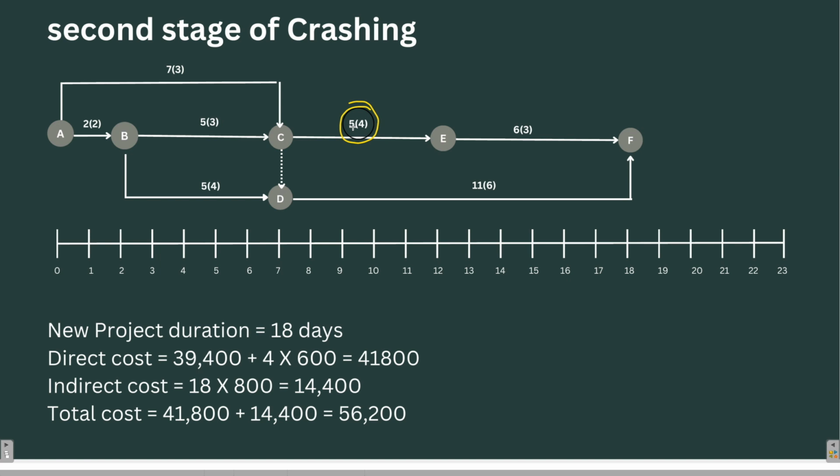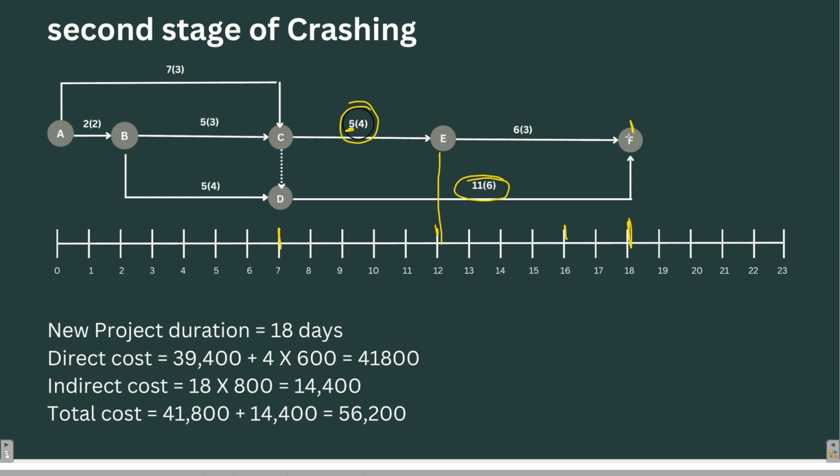After crashing, 9 has changed to 5, and E, which was earlier at 16, has shifted to 12. Now, the float which was available for DF has vanished. There is no float now. It is exactly 7 plus 11, which will give you 18 days. And the F activity has also shifted to 18 days.